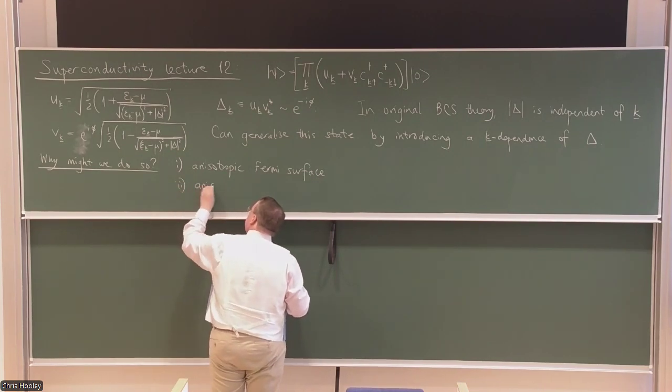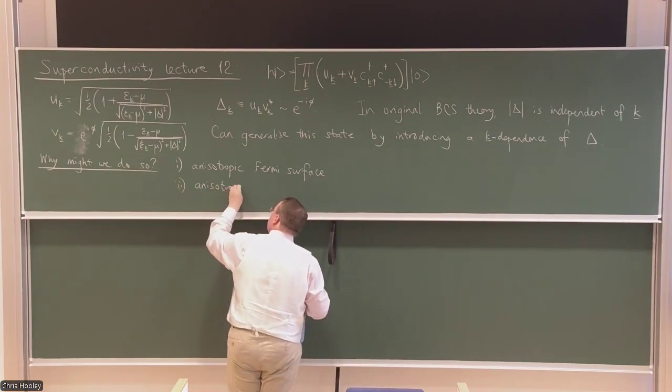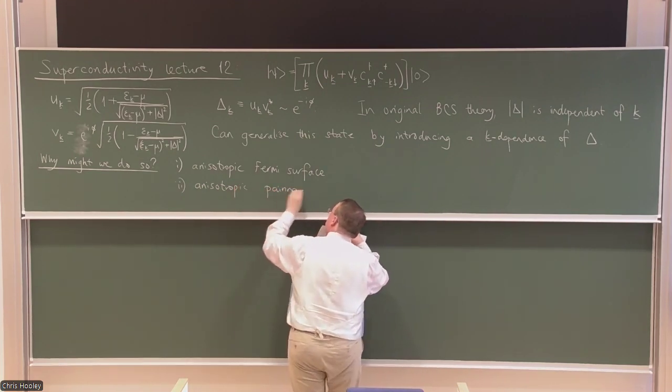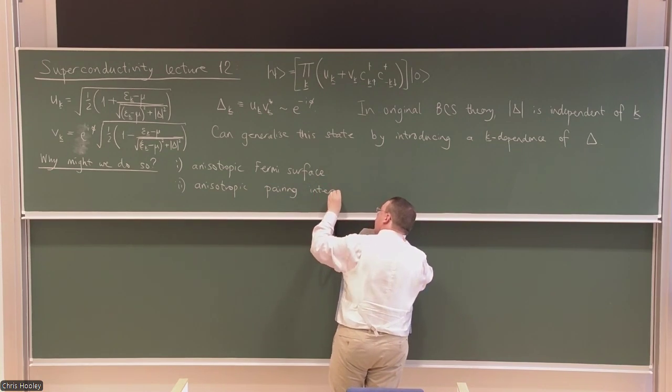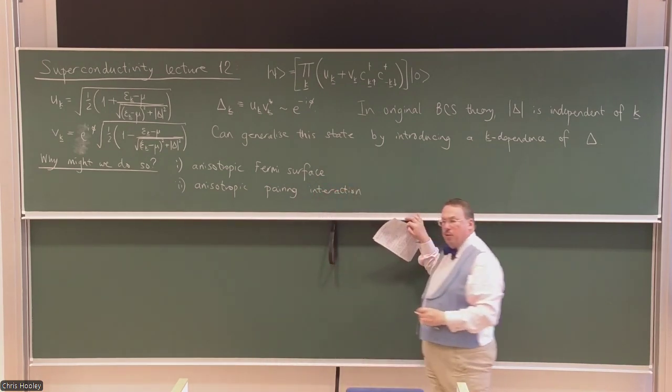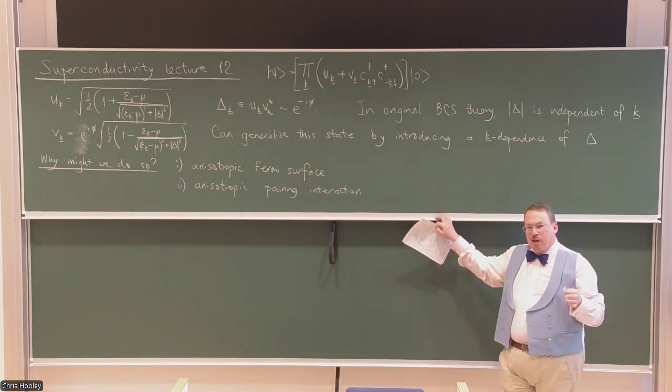There's another possibility. Both of these in reality tend to happen together, which is that we might have an anisotropic pairing interaction. So we've discussed so far pairing by the exchange of virtual phonons.